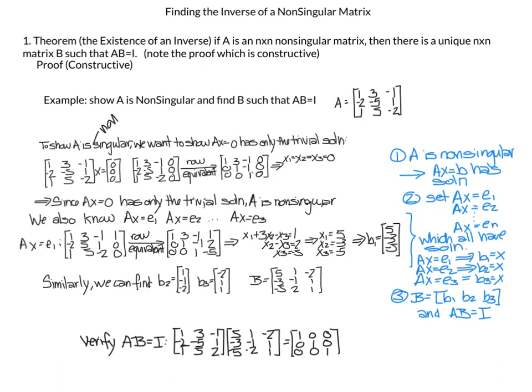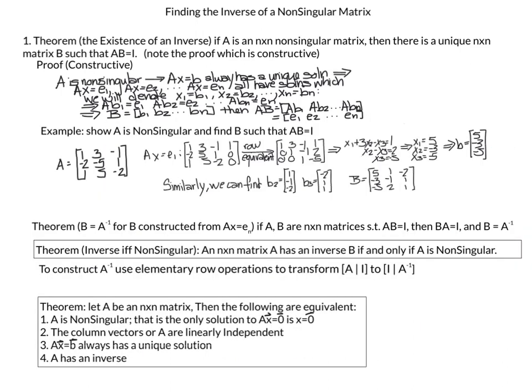The second thing is we set AX equal to E1, E2, up to En, in this case n is equal to 3. We know they all have solutions, so we solved for them. We labeled the solution for AX equals E1 to be the vector B1, the solution for AX equals E2 to be the vector B2, and the solution for AX equals E3 to be B3. Then we made a matrix from these column vectors B1, B2, and B3, and we found that AB is equal to I, and that was just by design.